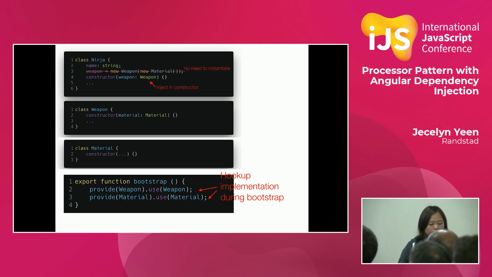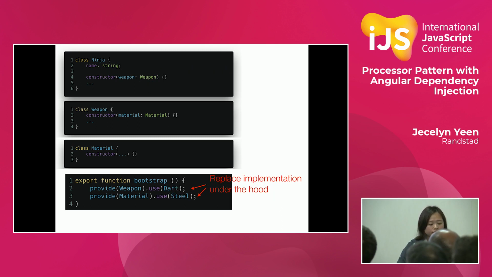Then somewhere in your application, we'll need to hook up the implementations for the classes. So for example, we will have something like this: provide Weapon and use the Weapon class, and for Material, please use the Material class wherever someone calls it in the constructor. Okay, this is dependency injection in general.